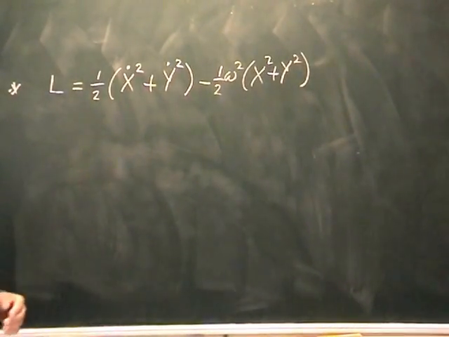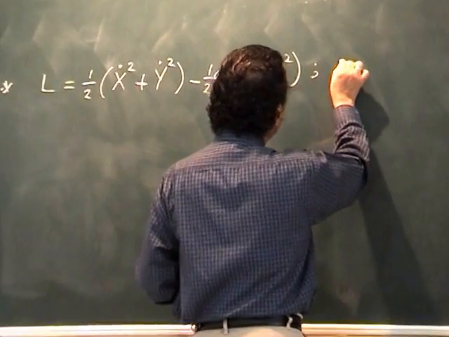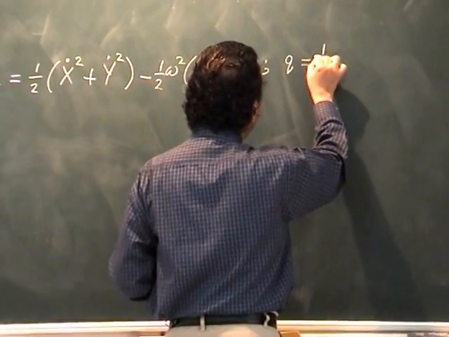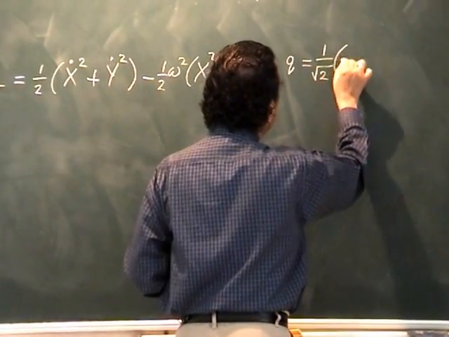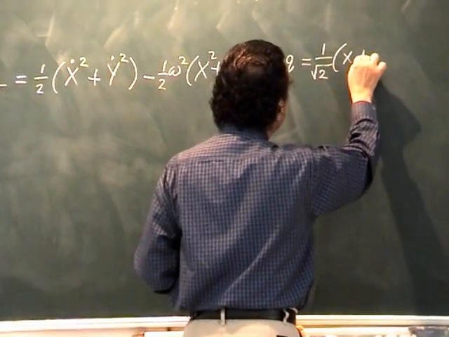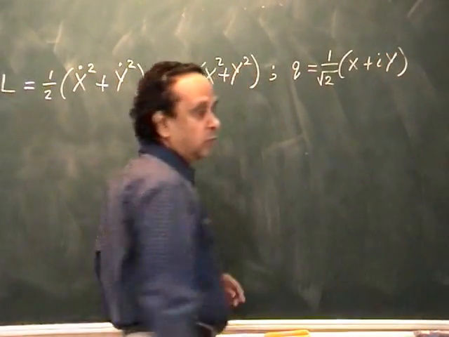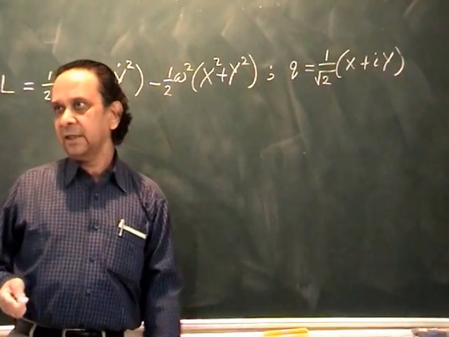So this is fine, but now I want to introduce another variable which I will call q, which is going to be our final oscillator, which will be 1 over root 2, let us say, x plus i y. So clearly this is not real because I have taken x plus i y.